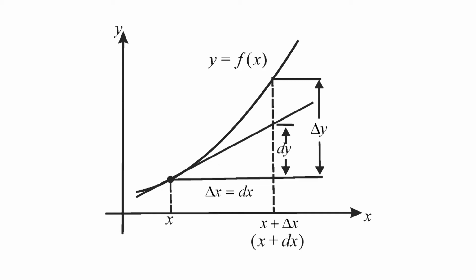Then delta y represents the change in y that occurs when we start at x and travel along the curve y is equal to f of x until we have moved delta x is equal to dx units in the x direction, and dy represents the change in y that occurs if we start at x and travel along the tangent line until we have moved dx is equal to delta x units in the x direction. From the figure, it can be seen that the values delta y and dy may be different in general.